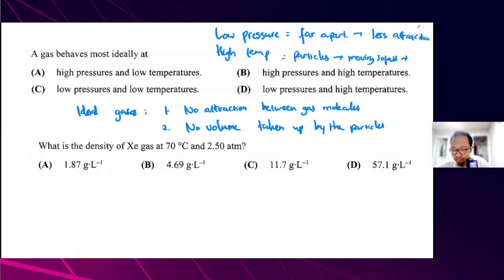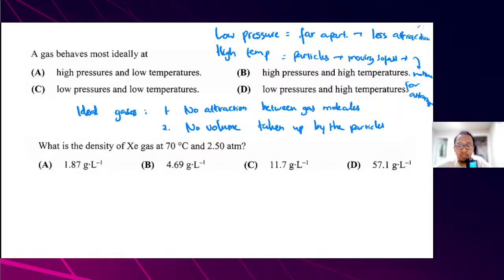The impact of this is there will be no time for attraction. There is not enough time to attract each other.